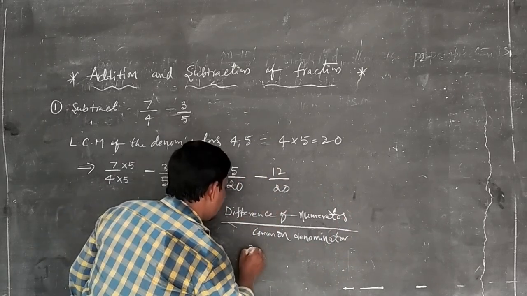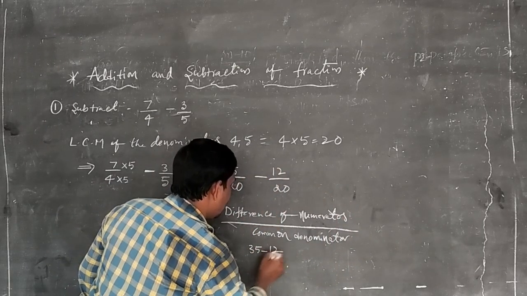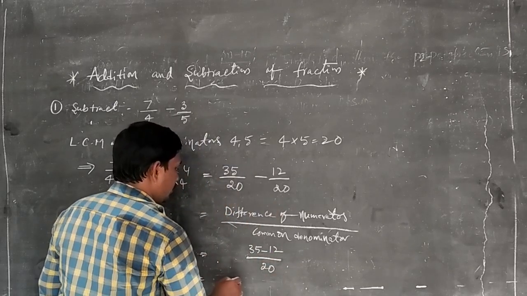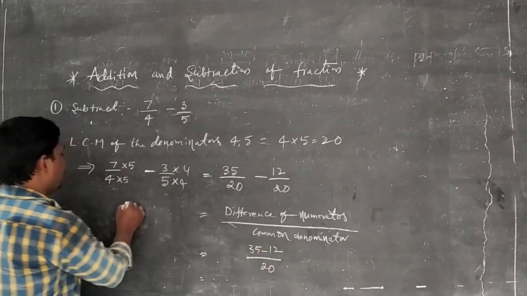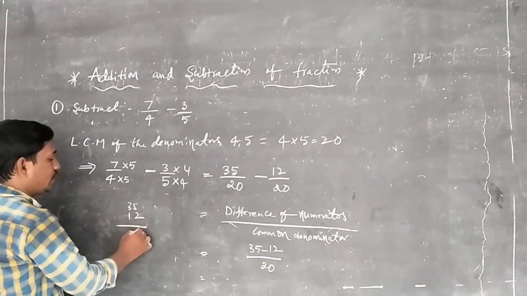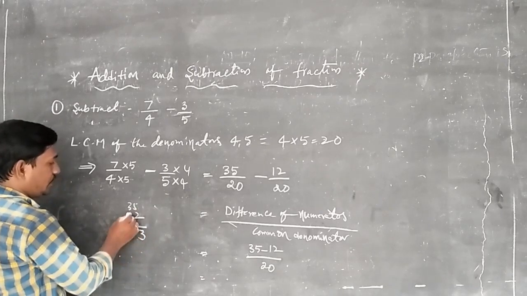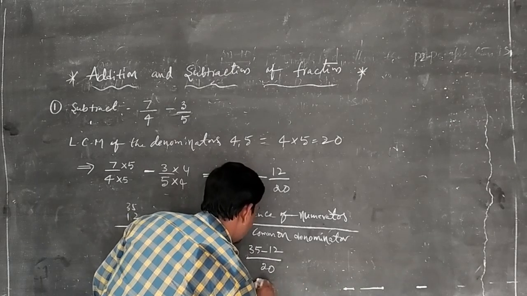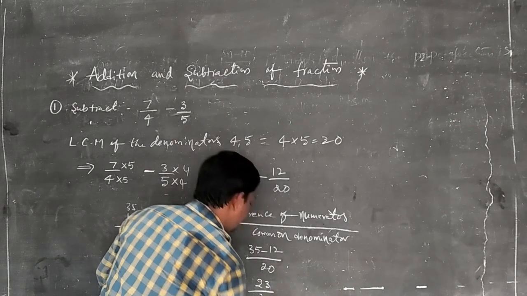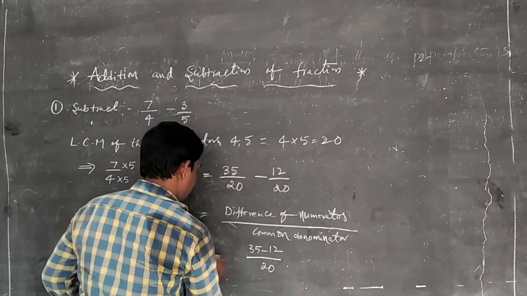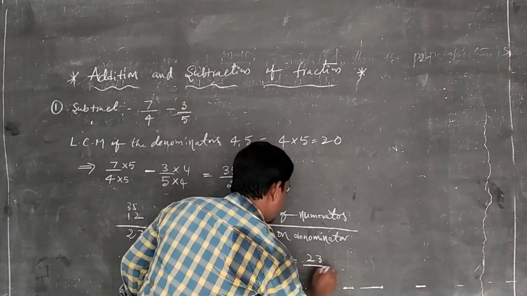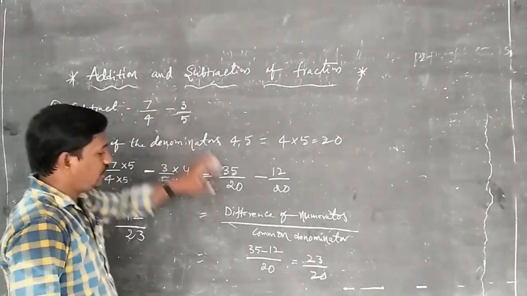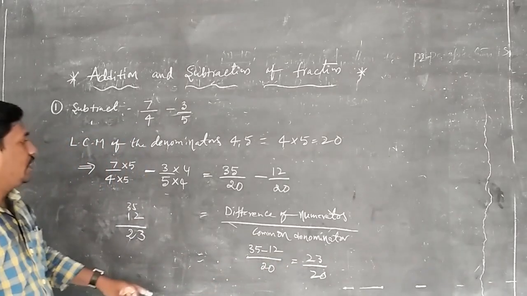Difference of numerators 35 minus 12 by 20. 35 minus 12 is 23. So 23 by 20. What value did we get for the subtraction? 23 by 20.